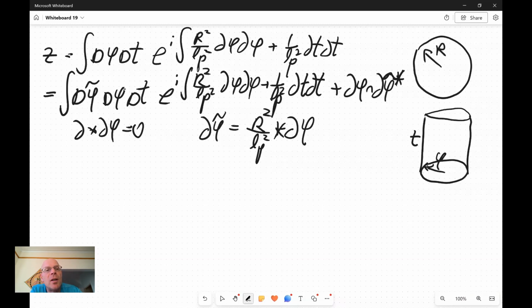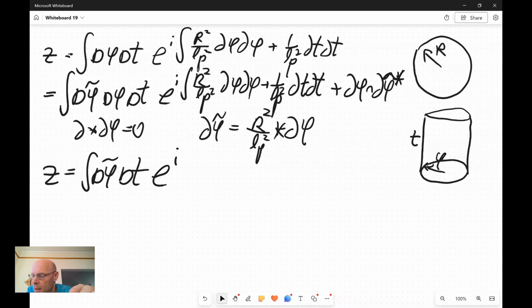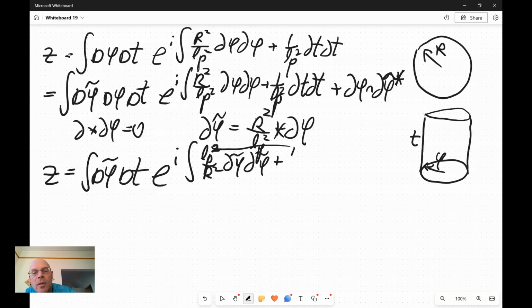So let's now carry out the integration over phi and get the partition function in terms of phi tilde. In terms of phi tilde, we have d phi tilde dt e to the i, and then the first term is L Planck squared over R squared. This is achieved by substituting this relation, and then we have d phi tilde, L Planck squared divided by R squared, plus 1 over L Planck squared dt.